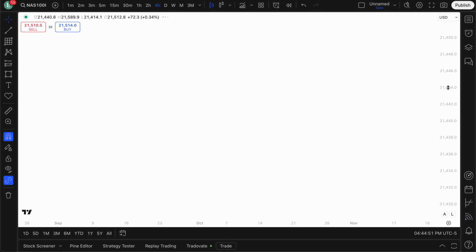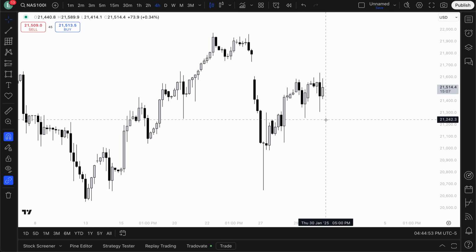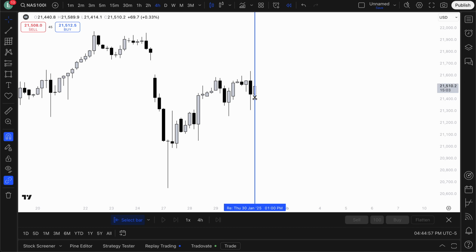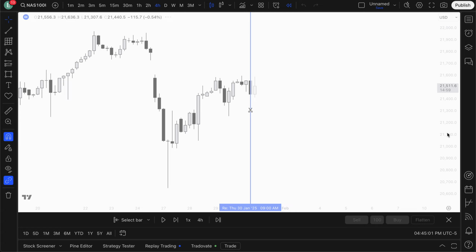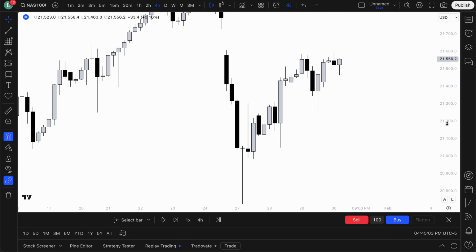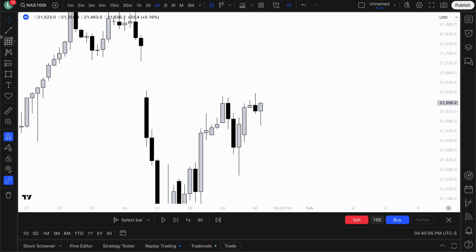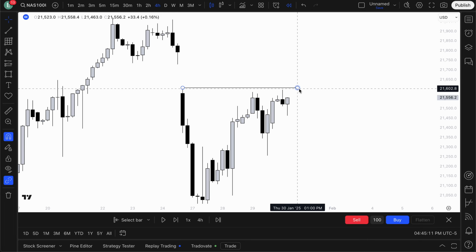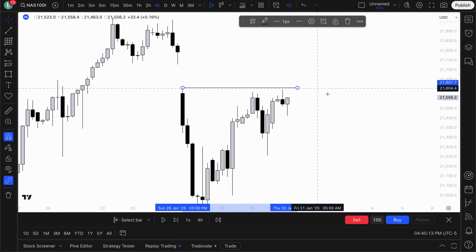Let's go on the 4 hour on NASDAQ. So before 9 a.m. opened up today, this is what I was looking at. We have this new week opening gap that has yet to be tapped into. So ultimately, this was my draw on liquidity today.